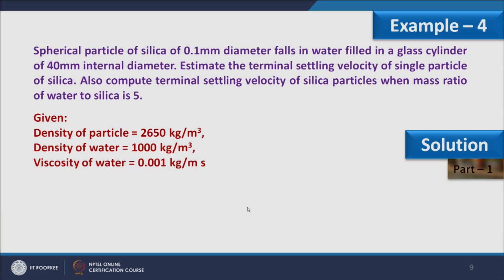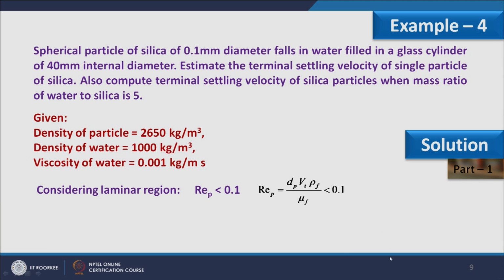For the solution, first of all we will estimate the terminal settling velocity of a single particle, which we consider in part 1. For example, if I am considering the laminar region where the particle is falling, the Reynolds number should be less than or equal to 0.1, and this is the expression of Reynolds number which must be less than 0.1. So in this case Stokes law will be applicable.